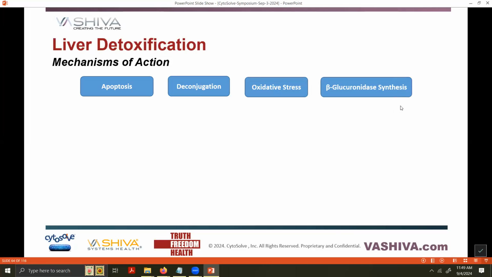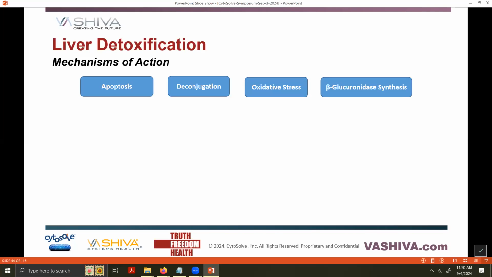You don't need to know what these are. We're going to walk you through, but each one of these is a subsystem of many different molecular pathways. I want you to understand from a systems perspective, it's a system of systems: apoptosis, deconjugation, oxidative stress, and beta-glucuronidase synthesis. These 4 things have to work properly to support liver detoxification.